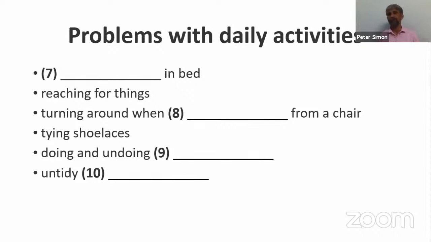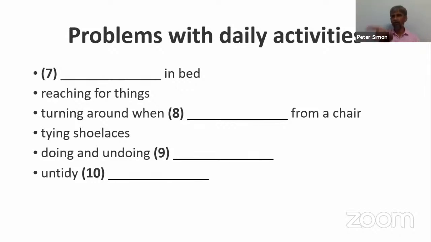Turning around when dash from a chair. Getting up from a chair, or rising up from a chair. He's in the chair, so from there, from a chair, is getting up maybe. When standing up, or getting up, or rising up.